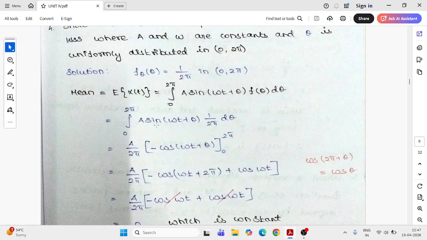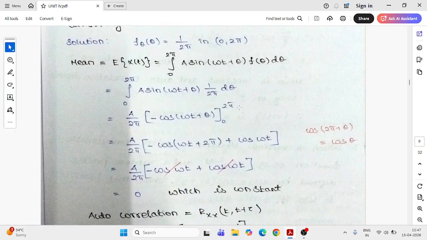When you integrate it, the sign becomes minus cos(omega t plus theta) and the limit is 0 to 2 pi. When we substitute the upper limit, minus cos(omega t plus 2 pi) plus cos(omega t plus 0).